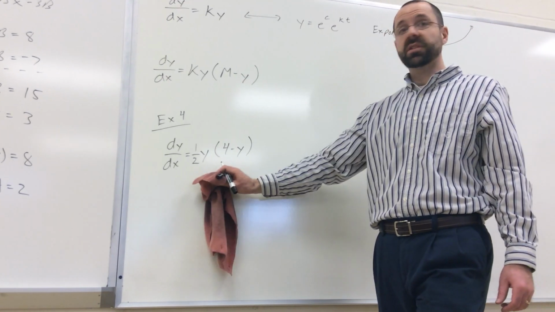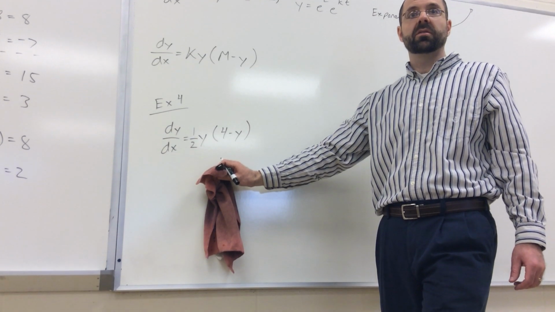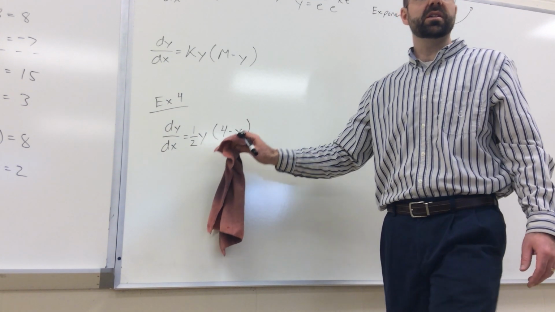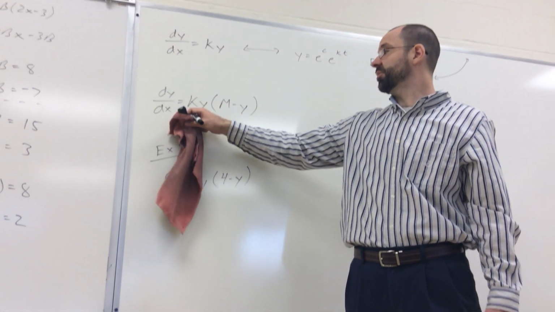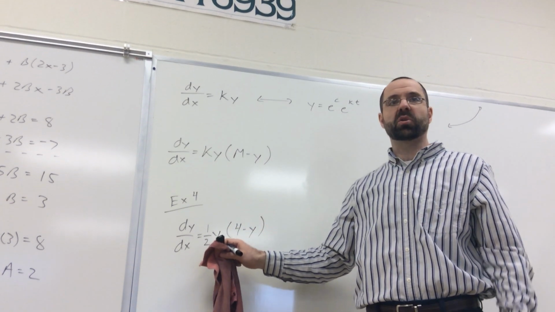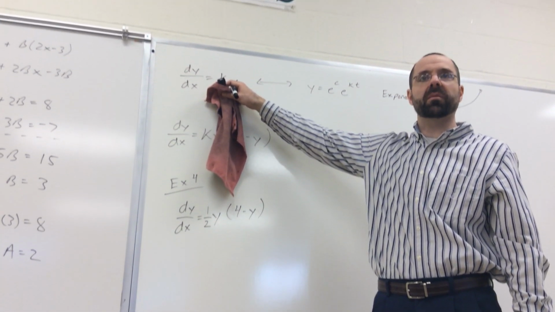Okay, so this template fits this. What's the k? 1/2. What's the m? 4. So in this type of equation, the k is always going to be a number, the m is always going to be a number. It's just from different problems, the k and the m. Just like here, this k was always a number. It just changed from problem to problem.